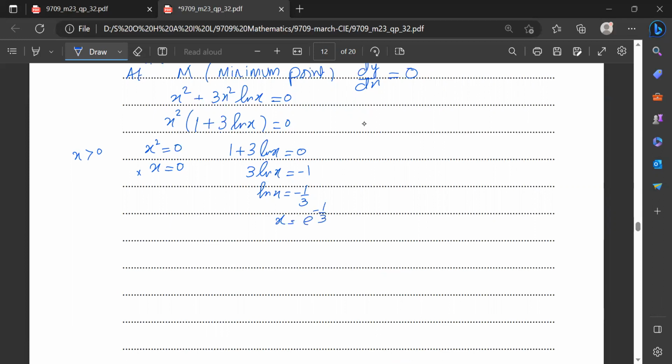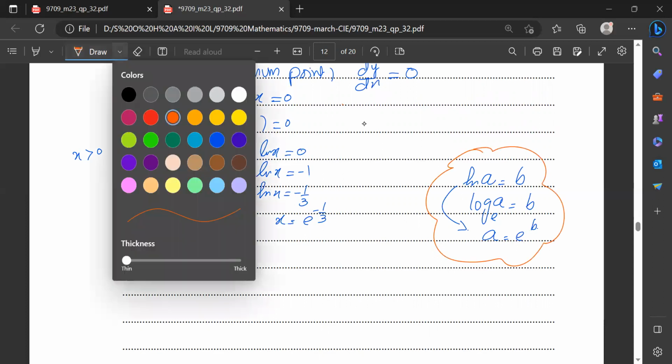This is the basic definition: if natural log of a is b, then, since natural log means the base is e, a equals e to the power b. You can write it directly instead of showing the middle step in which I wrote base e. So by using the definition, x equals e to the power minus 1 over 3. This is the value of x.